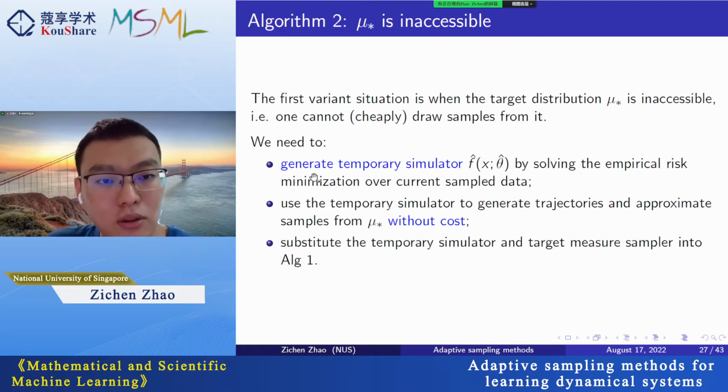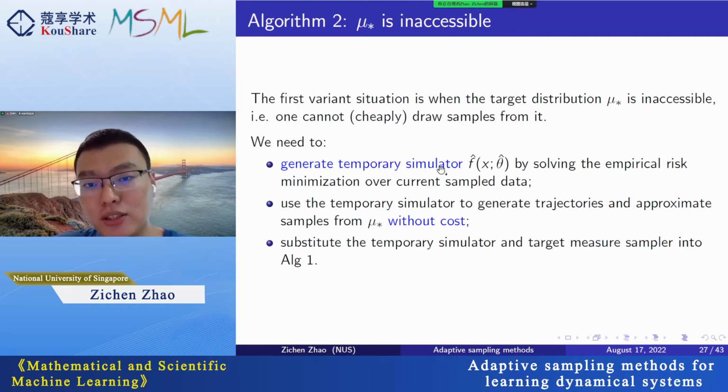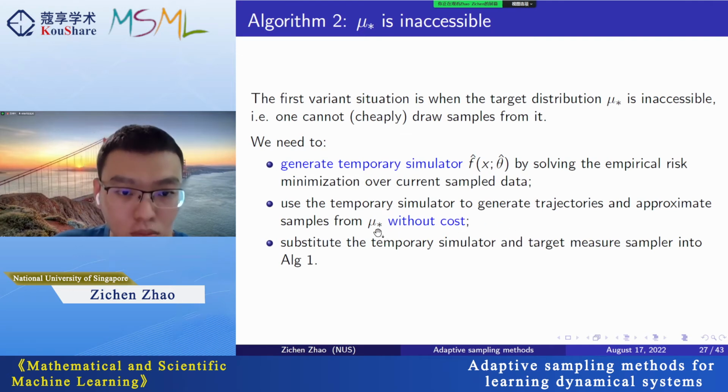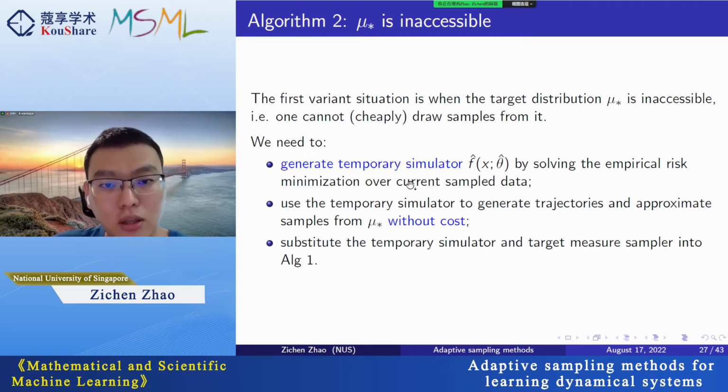In this case, we need to first generate a temporary simulator f hat by solving the empirical risk minimization over the current sample data. Once we have the cheaper simulator, we can generate trajectories and approximate the samples from mu star without any cost. Once we have the discretization of mu star and the simulator, we can substitute them into the basic algorithm.